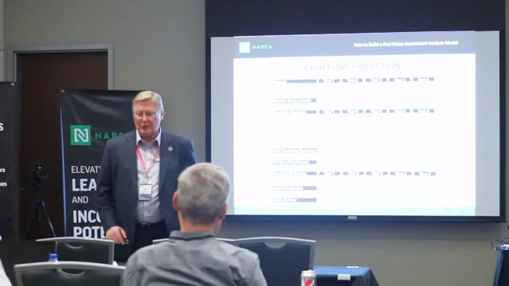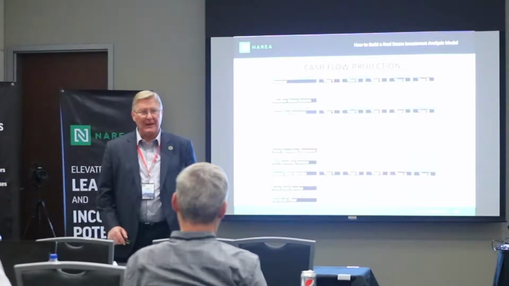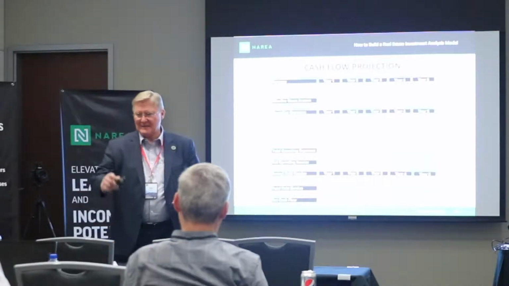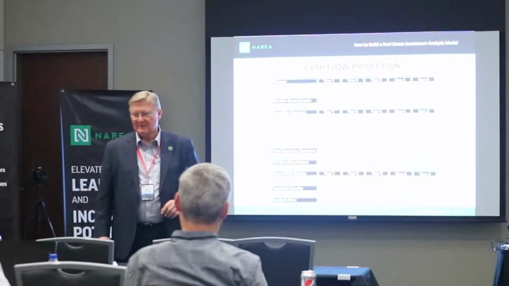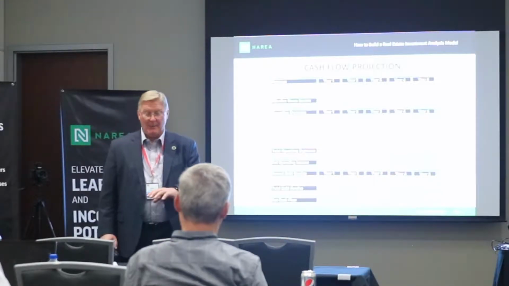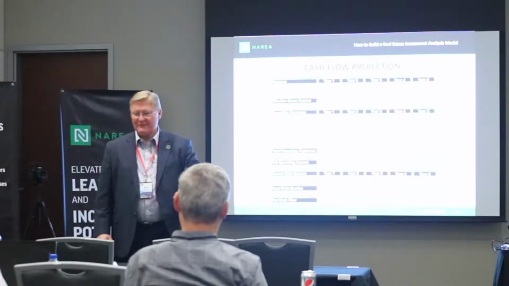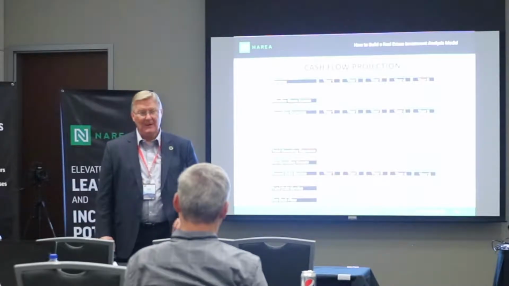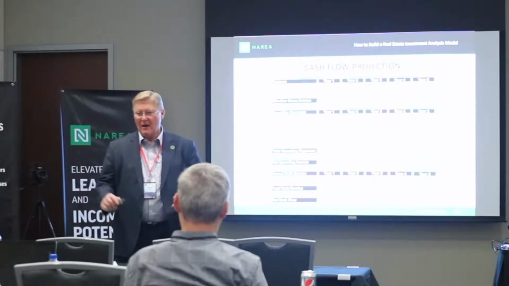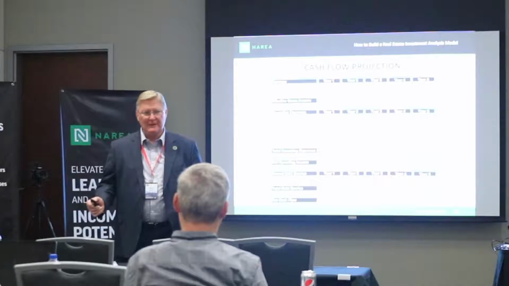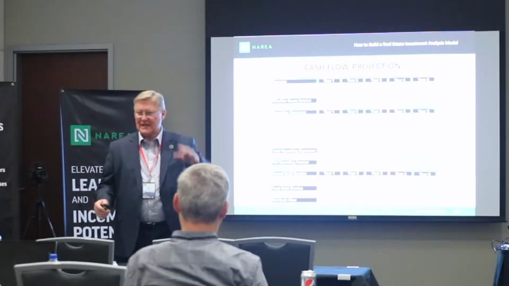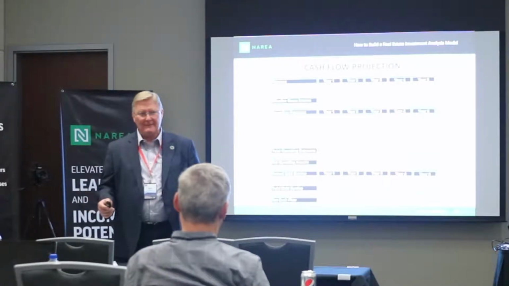But that doesn't mean you can't break out, the IRS lets you break your property into component parts. A roof doesn't last 27 and a half years. The landscaping may or may not. The asphalt, the heating and air conditioning system, the carpet, they all have different useful lives. And the IRS has set up a table with all those useful lives.